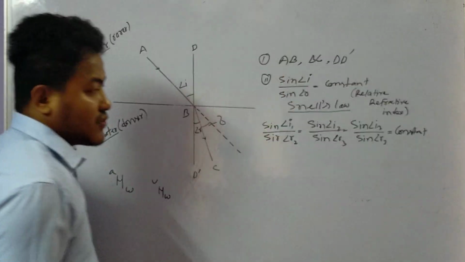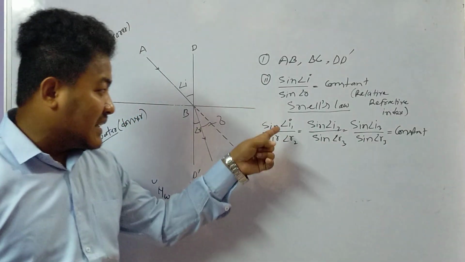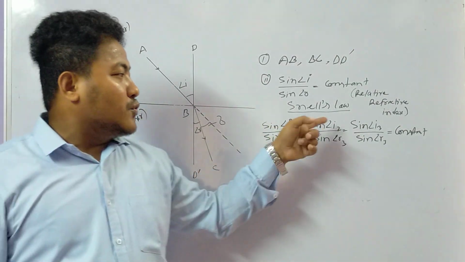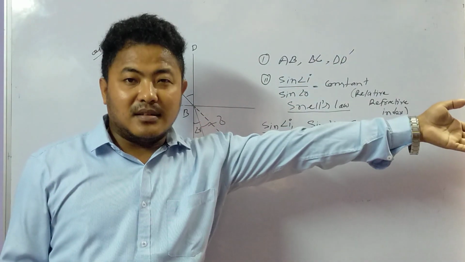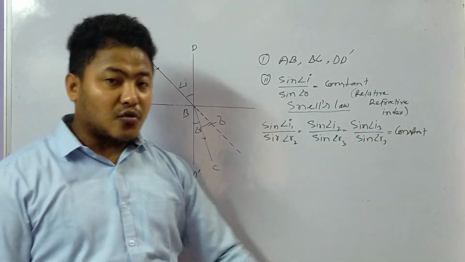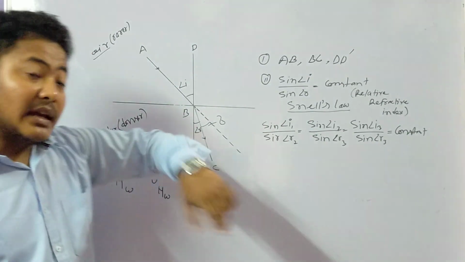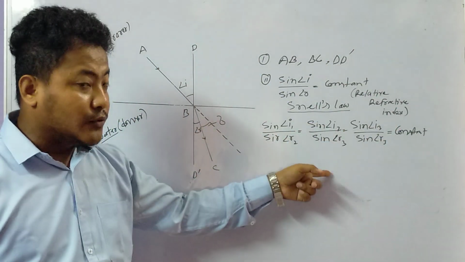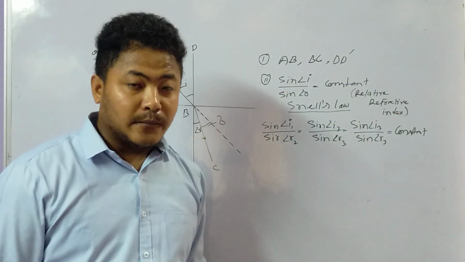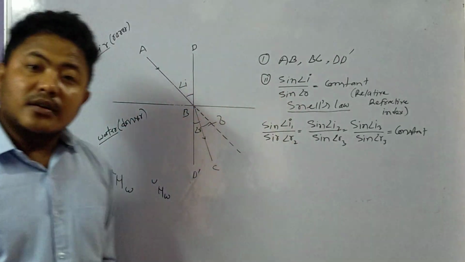If you take I1, I2 up to I100, all the ratios will be constant.